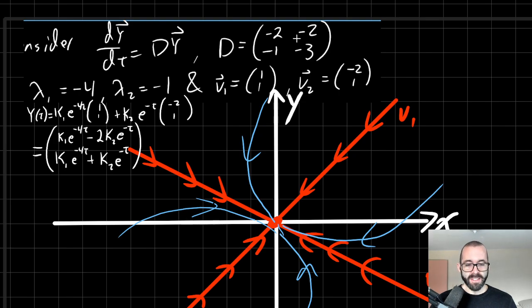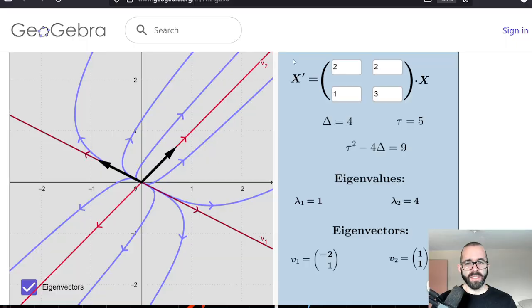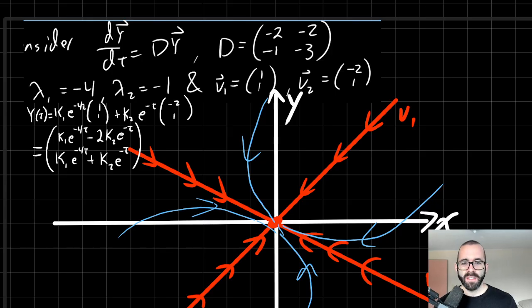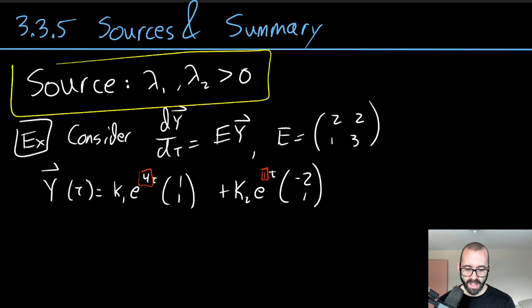And you'll notice that the matrix is actually just the opposite of the other matrix. Sources and sinks look the same. You just flip the direction of time. Okay? So that's why the source is only half a video, because we've already done it. Source is the same as sink.